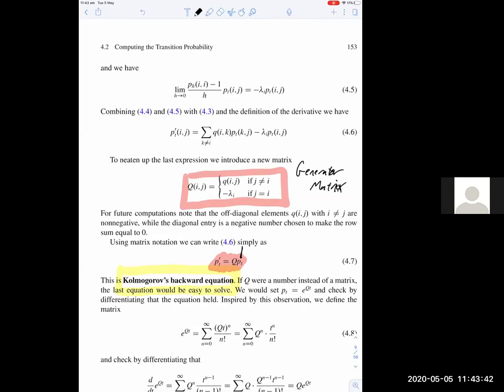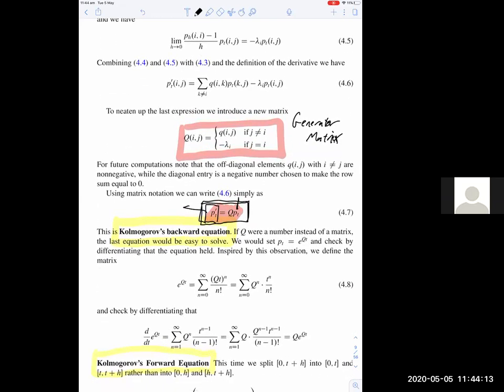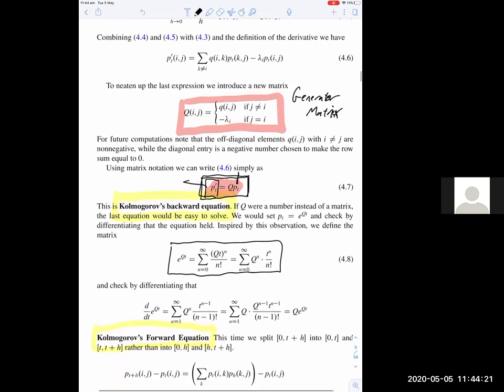It turns out that if you want to see how probabilities evolve for a continuous time Markov chain, they follow this differential equation, where P_t is a probability vector. The ith index of P_t is the probability of being in state i at time t. This is nothing but a linear system of differential equations, and you might remember from Math 2000, 2001, someplace else, that you can solve it with a matrix exponential.